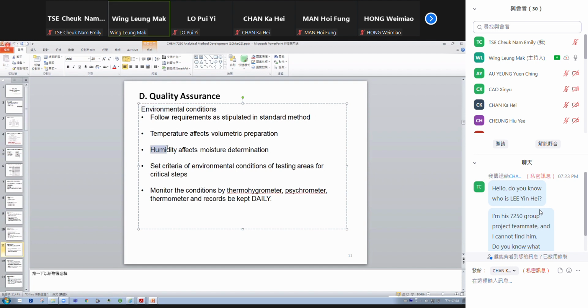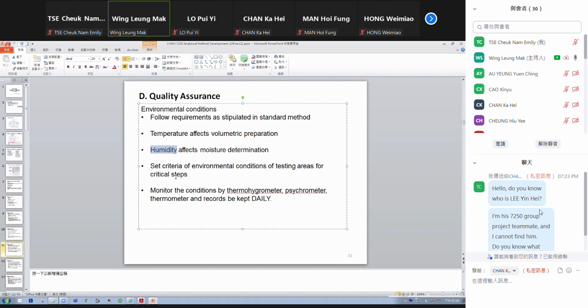Humidity: if it is not controlled and you want to measure the moisture correctly, it will be difficult. Okay. And setting the environmental conditions of the testing area for the critical steps is also important.